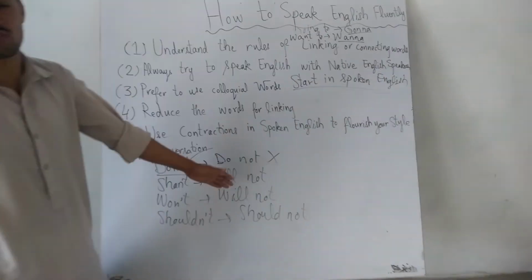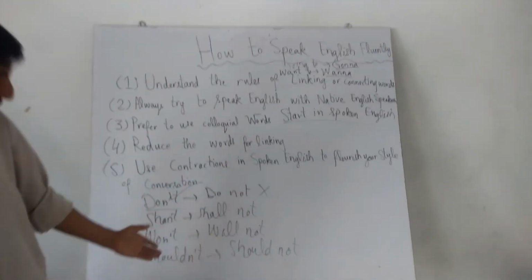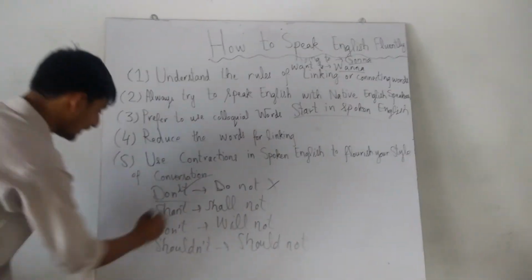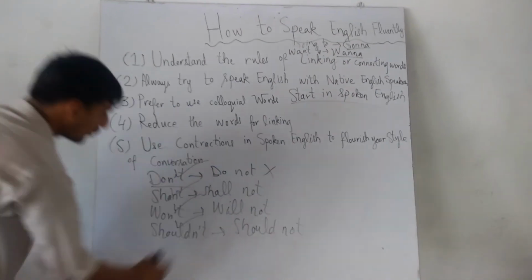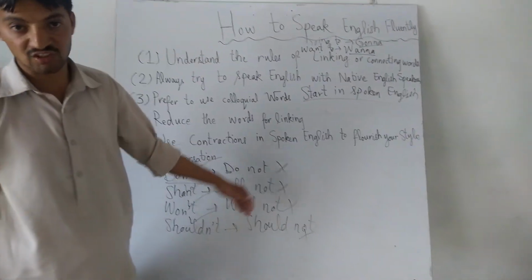There are many contractions of different kinds in the English language. You can understand them, but it is important to use contractions. You don't have to use these long forms in spoken English, in conversation.